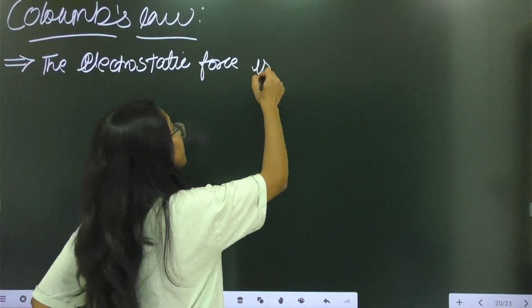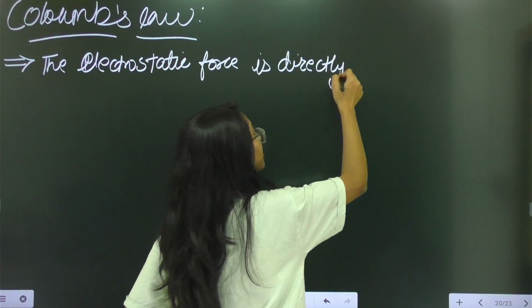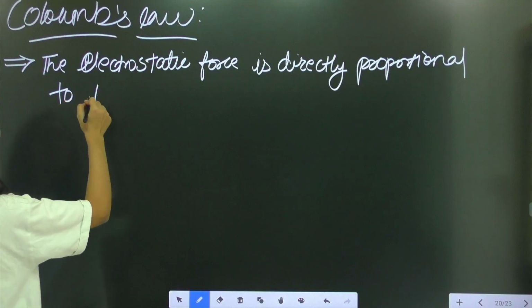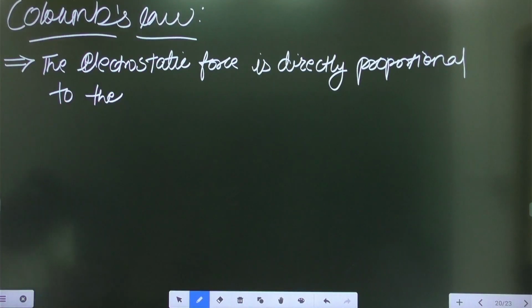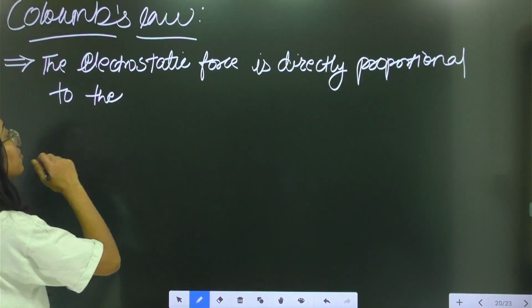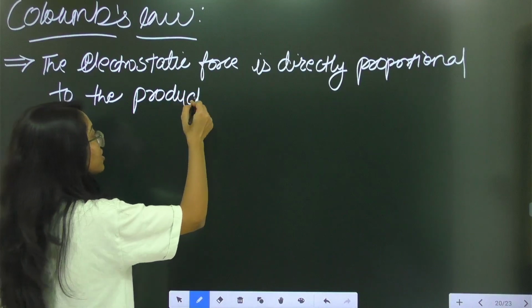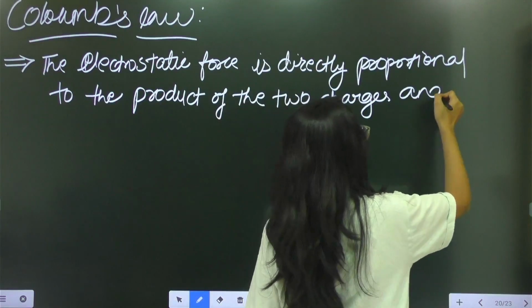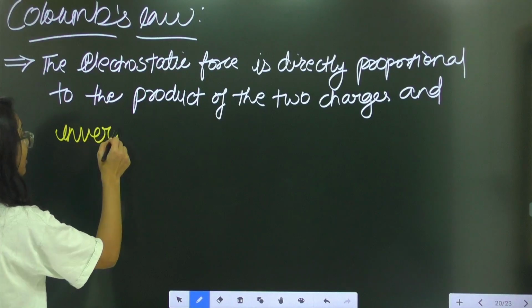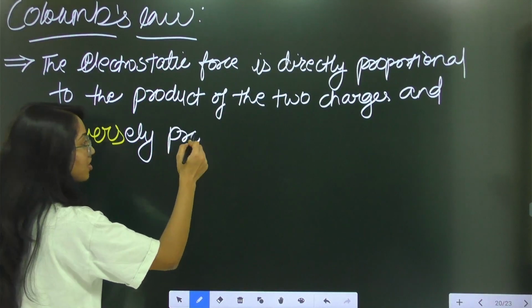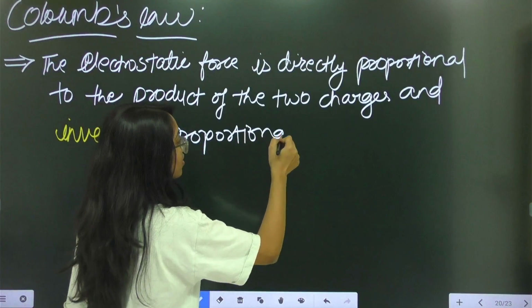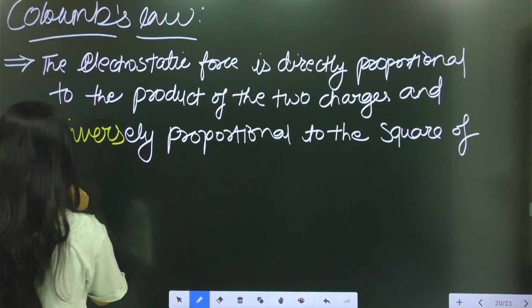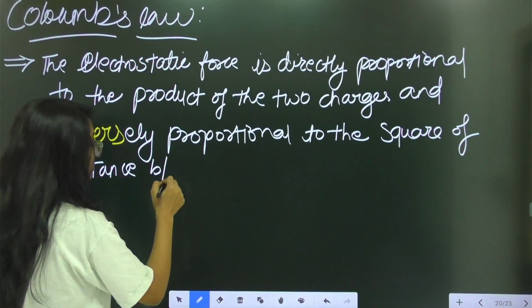is directly proportional to the product of the two charges and inversely proportional to the square of the distance between them.